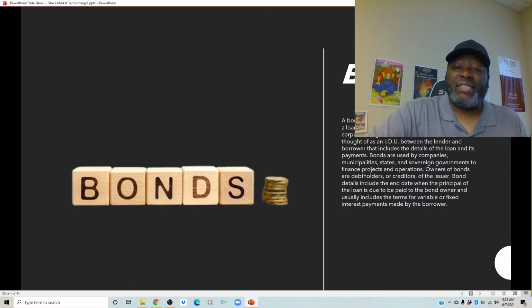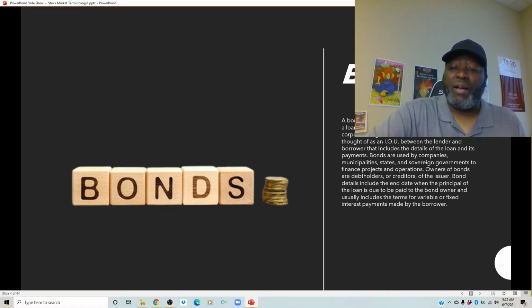A bond is a fixed income instrument that represents a loan made by an investor to a borrower, typically corporate or governmental. A bond could be thought of as an IOU between the lender and borrower that includes the details of the loan and its payments.